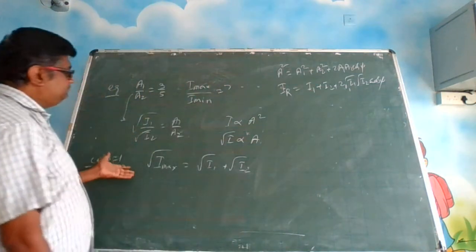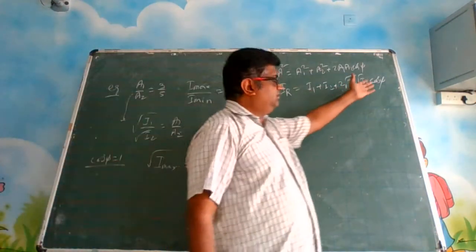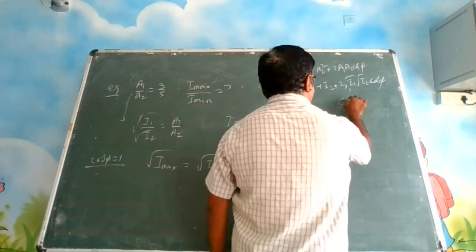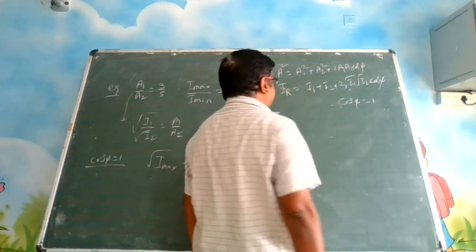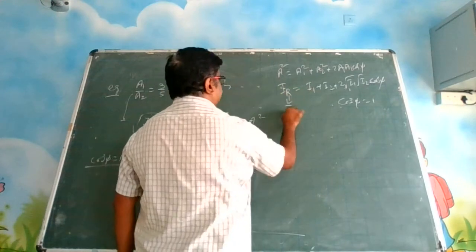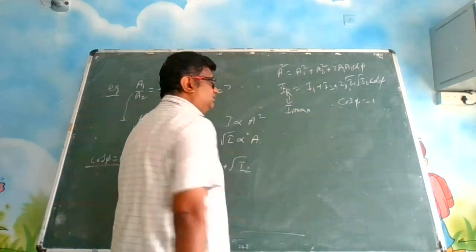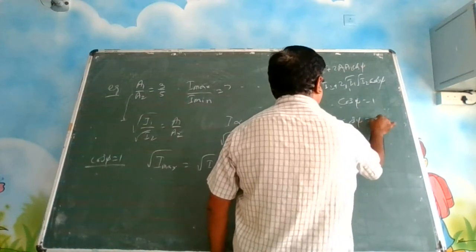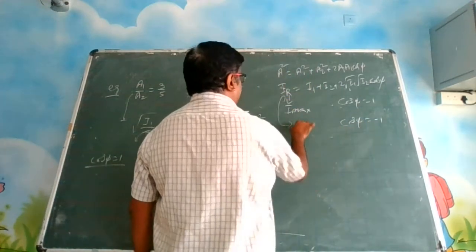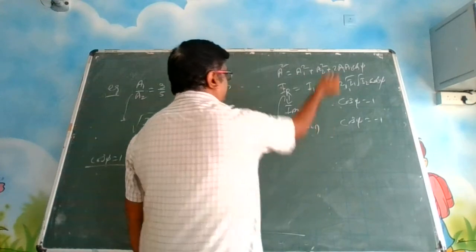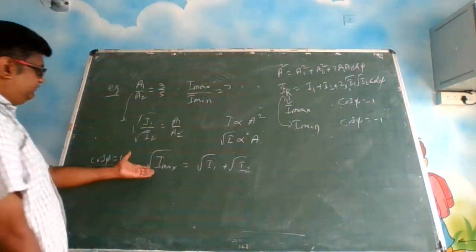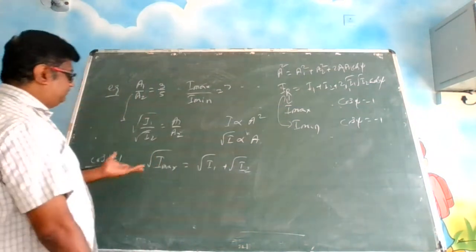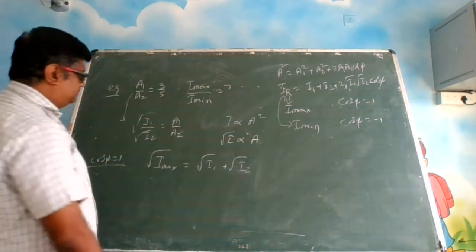When cos phi is taken as 1, it corresponds to I max. And when cos phi becomes minus 1, we have taken it as I minimum. We did the whole thing, and finally we got this expression for the constructive part. So from here I max can be calculated.